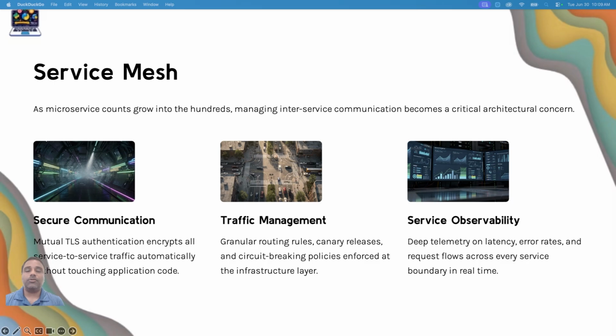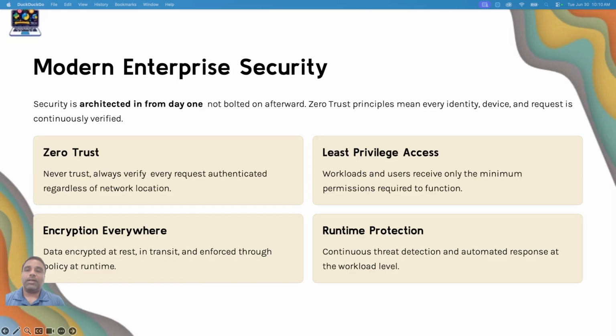It gives you deep telemetry on latencies, error rates, and request flows that you can measure across every service boundary in real time. Now let's look at the modern enterprise security construct. Security in a cloud native world is fundamentally different.